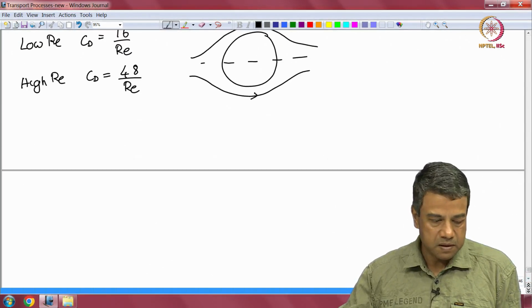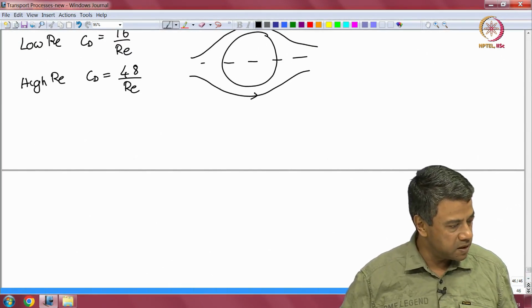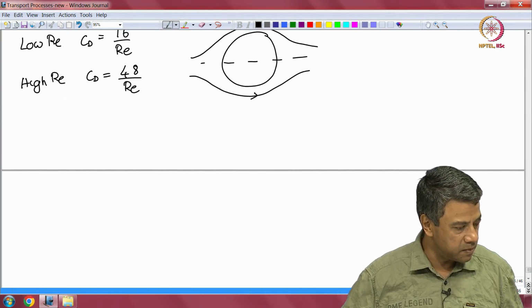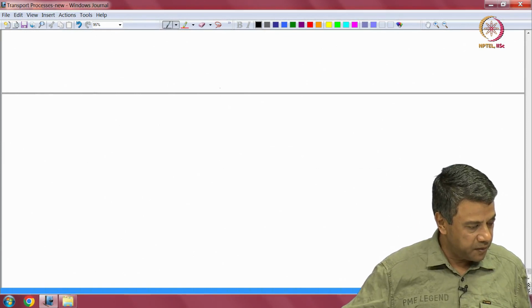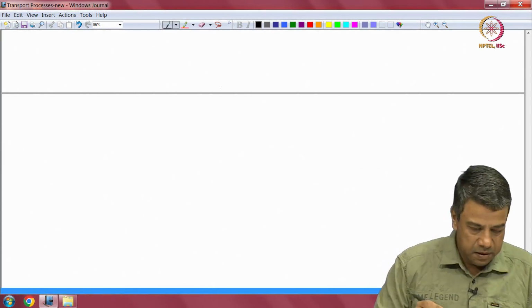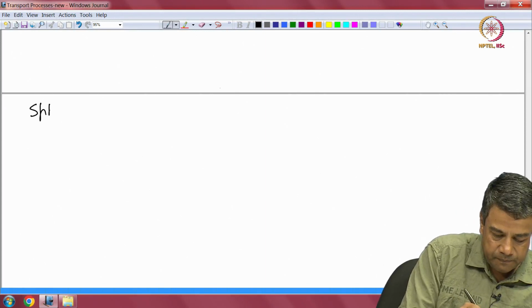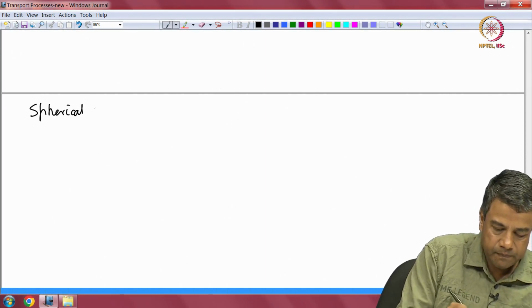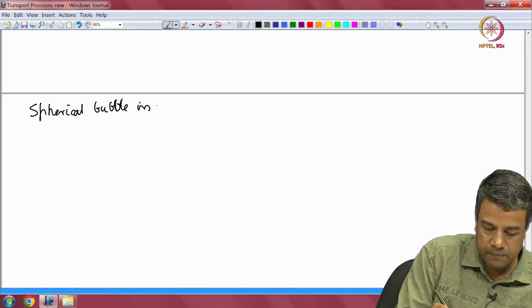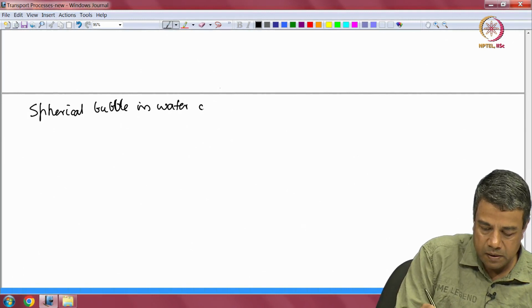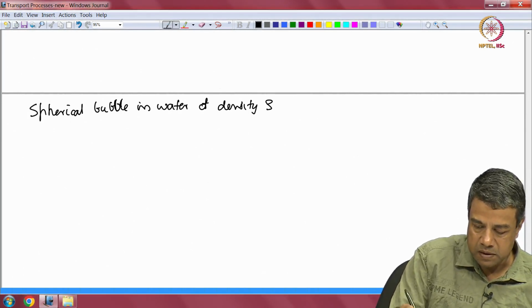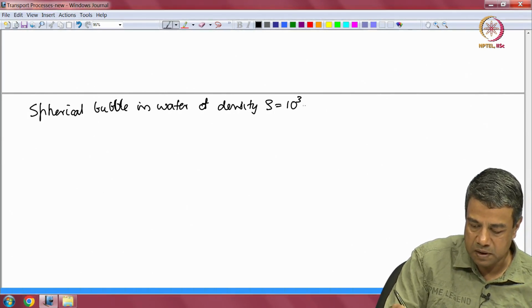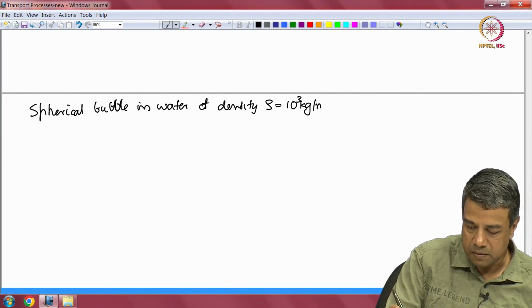So, for real bubbles, what is the parameter regime for which the Reynolds number is low and for which the Reynolds number is high? So, let us analyze that. Example: spherical bubble in water of density rho is equal to 10 power 3, 1000 kg per meter cubed.